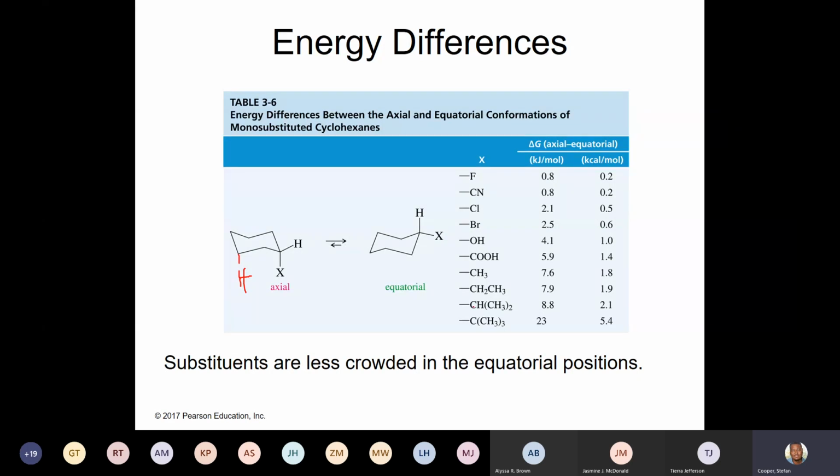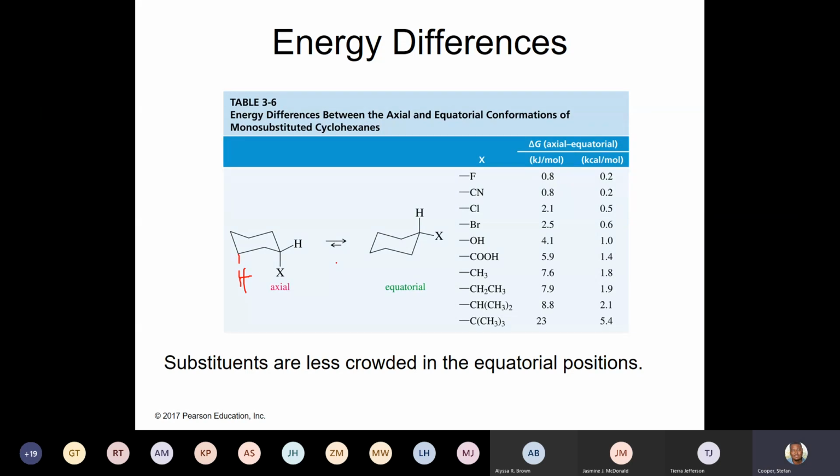But if I come down to a tert-butyl group, the energy difference is huge here. So placing a very big tert-butyl group here is going to cause this molecule to be extremely destabilized to favor the ring flip to where the axial position is converted to equatorial. So just really trying to get you guys to think about those type of things. All right, any questions so far?